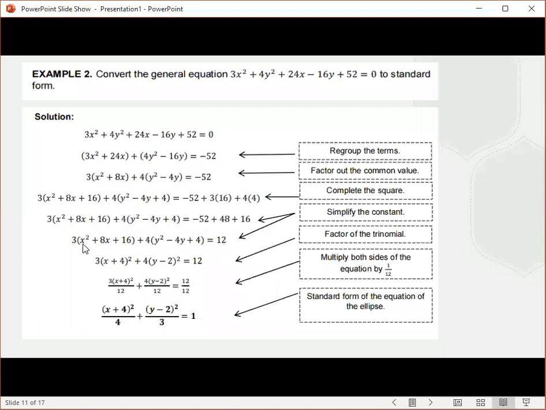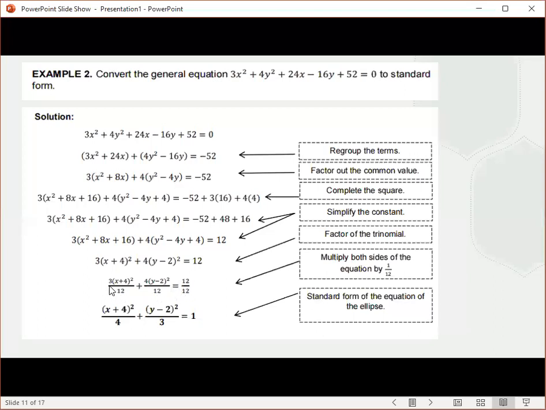Next, we factor the trinomials. The factor of x squared plus 8x plus 16 is the square of x plus 4, and the factor of y squared minus 4y plus 4 is the square of y minus 2. Again, we just simply factored the trinomials. Next, we make sure that the right-hand side of the equation is equal to 1, so we multiply both sides of the equation by 1 over 12.